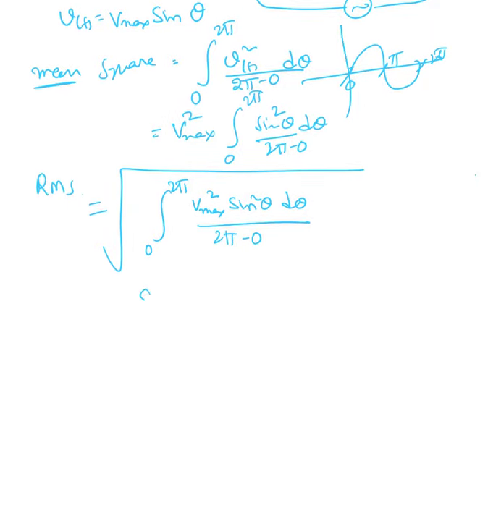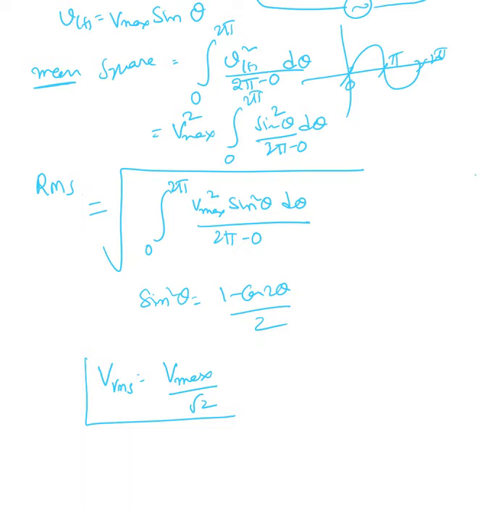Now I can write sine squared theta equal to (1 minus cos 2 theta) over 2. After we substitute and solve this integration, we will end up with V RMS equal to V max over square root 2.